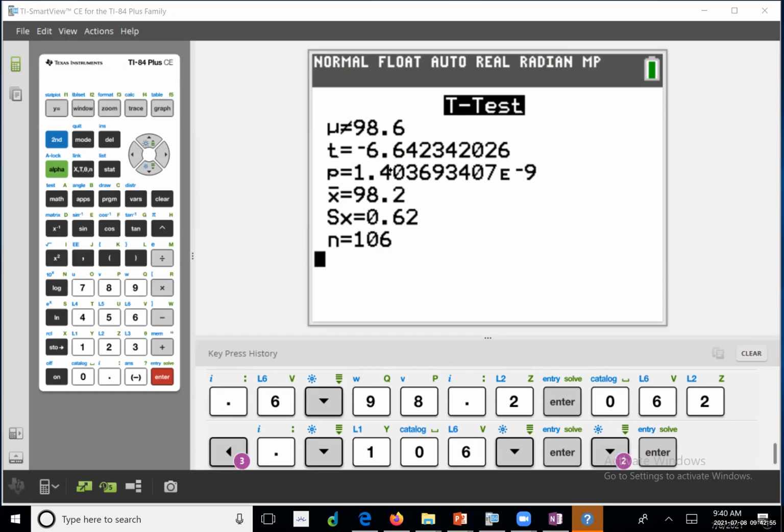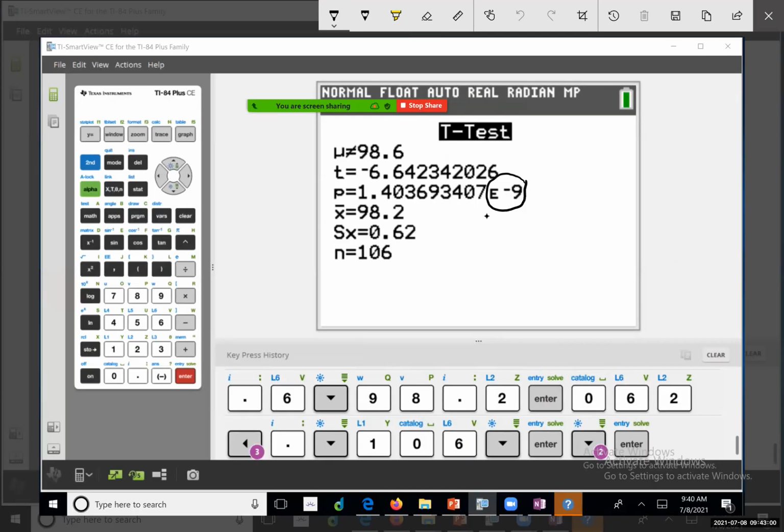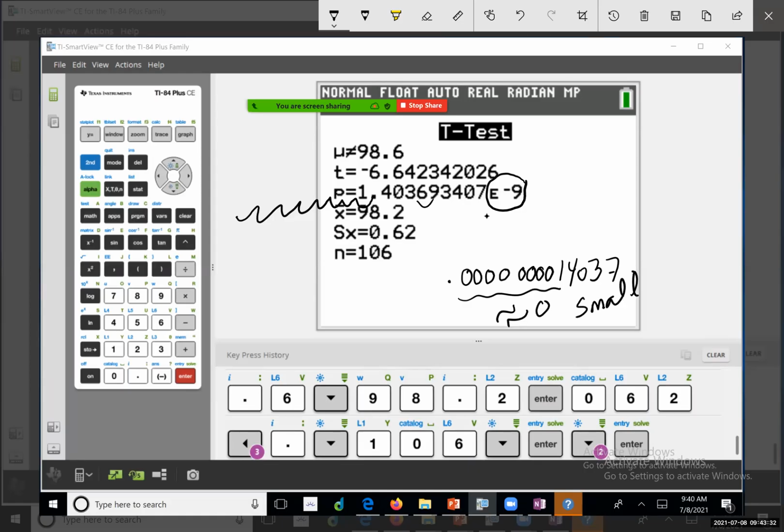Exactly. e to the power negative 9 means I take the decimal point and go backward 9 places, so I have 8 zeros after the decimal and then 1403, with a 7 if I round. With so many zeros, this is almost 0. It's a small p-value regardless of what you're comparing with.